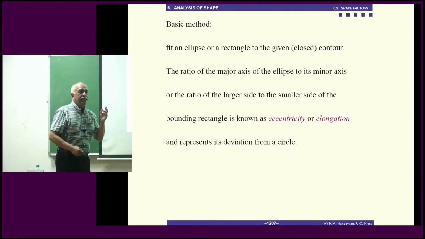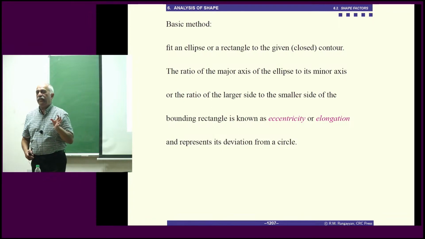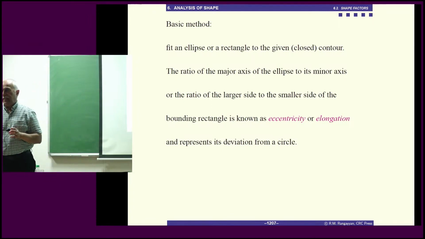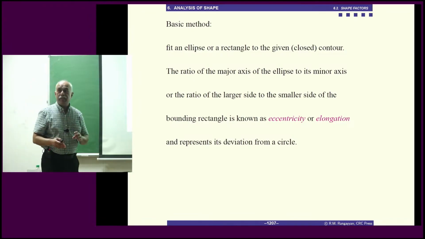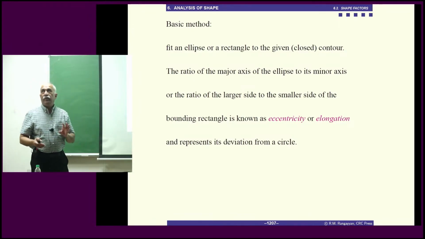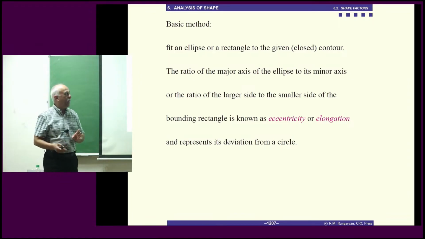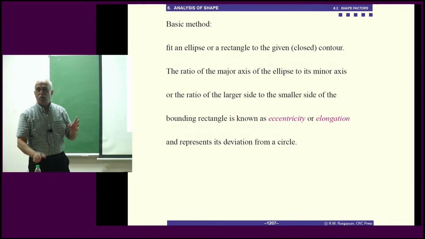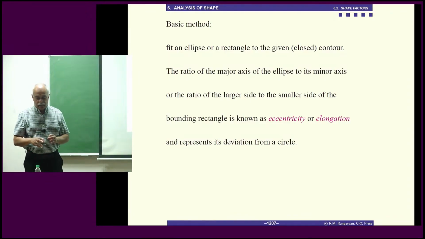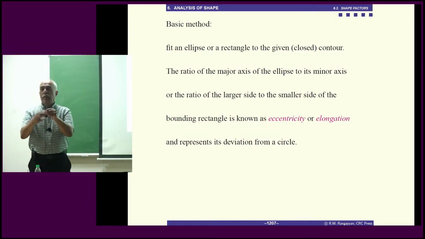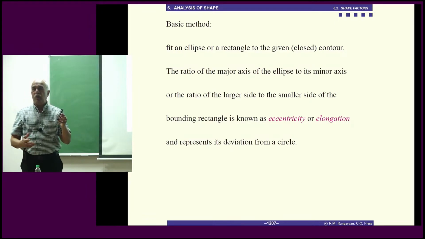A very basic shape analysis technique is to fit a rectangle or a circle. So if you fit a circle or fit an ellipse, then you can measure some very basic parameters. Circle, you can say, well, that's the approximate diameter, square the approximate width, but better fit a rectangle. If you fit a rectangle to this, you have the height and width. The ratio will tell you if it is square or oblong.